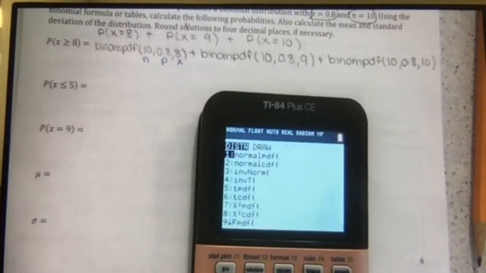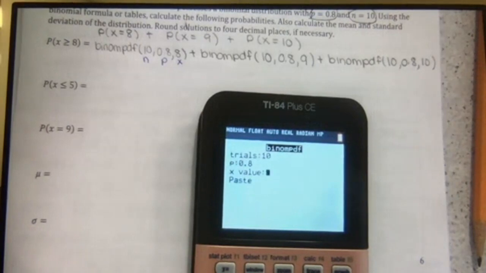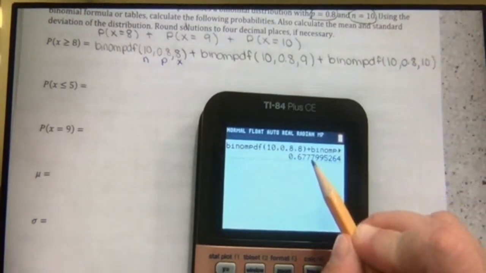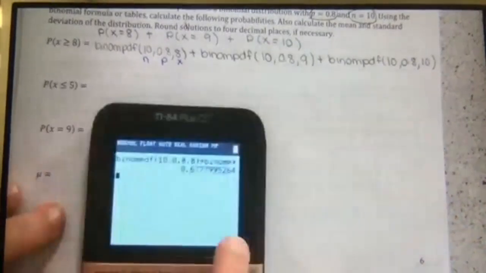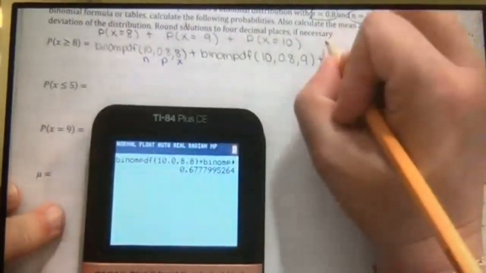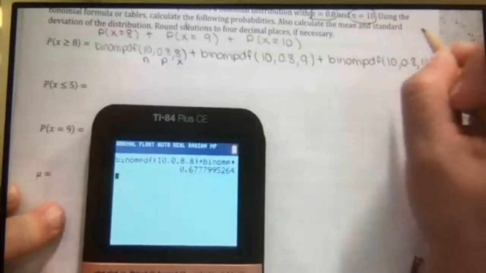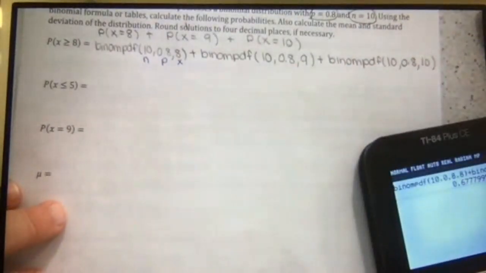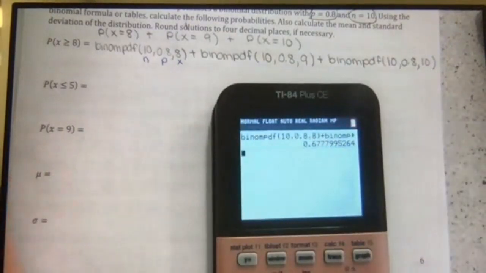Plus second bars, binom PDF, 10 trials, p-value is 0.8 when x is 10. So all I have to do is change that, and I add them all up together. And then boom, there's my answer, 0.6778. It says round to 4 decimal places. So rounding this 7, looking next door is a 9, so that would give us 0.6778.